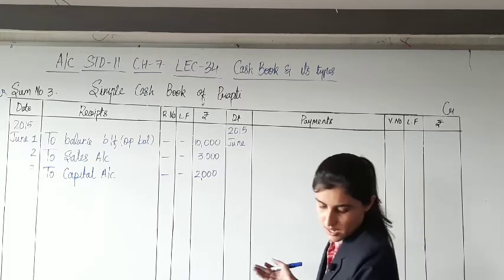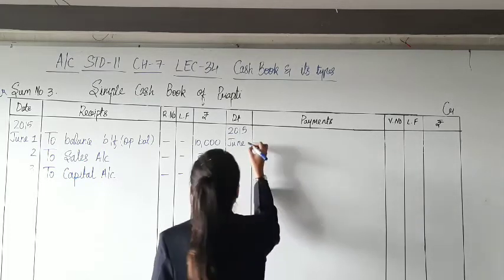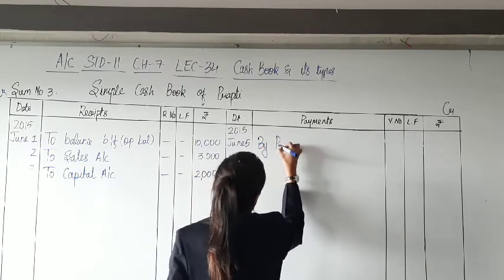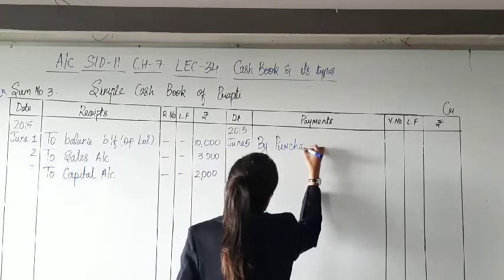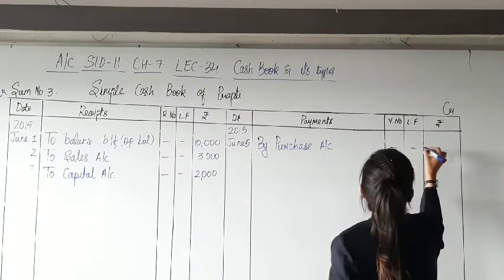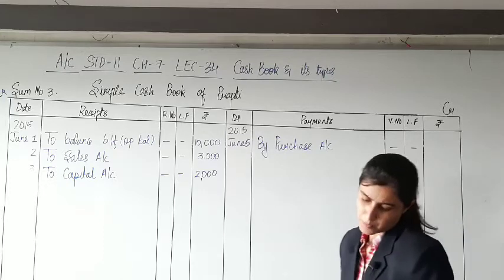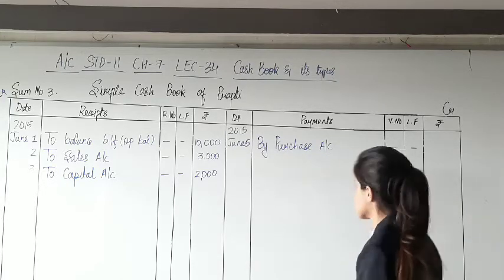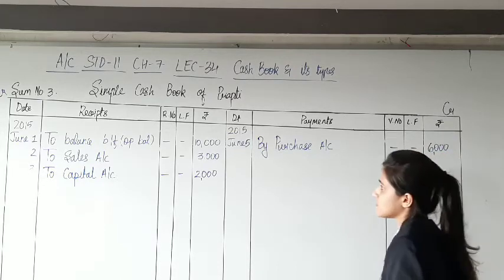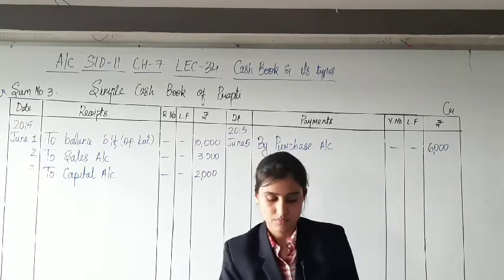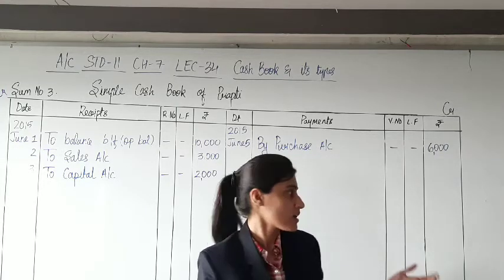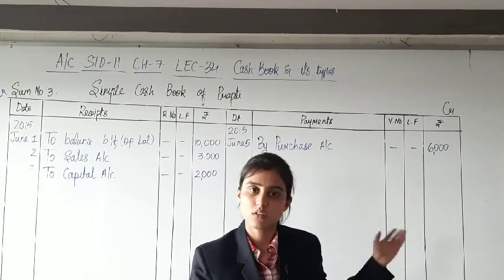So on the payment side, 5th of June, by purchase account, how much? 6000. Obviously, if you are purchasing, you need to pay, and so this transaction is to be recorded on the credit side.